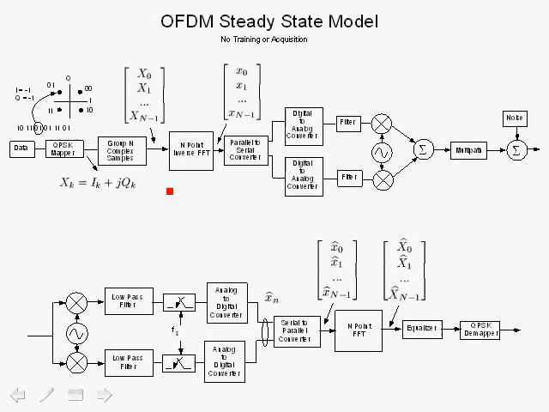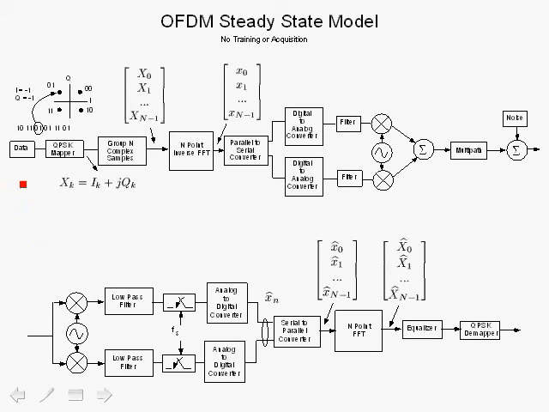The cyclic prefix and its role in combating intersymbol interference and guaranteeing that the carriers are orthogonal prior to the equalization in the frequency domain, using a zero forcing type equalization, will be covered in a separate tutorial. So we refer to that tutorial for the details, but just assume that we are actually putting in a cyclic prefix and discarding it at the receiver in order to combat the intersymbol interference due to the multipath fading channel, and in this model we're ignoring that.